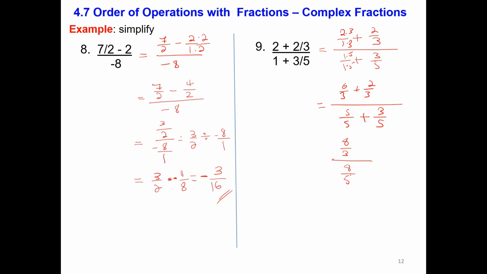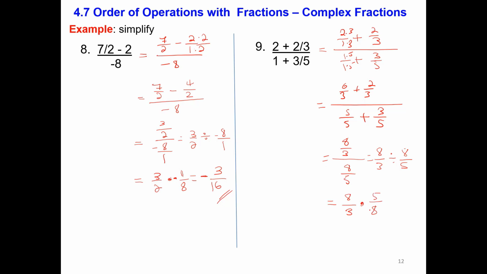And we say if we had a complex fraction, we can rewrite this one like, let me write this, 8 over 3 divided by 8 over 5. Then we change the division to multiplication.